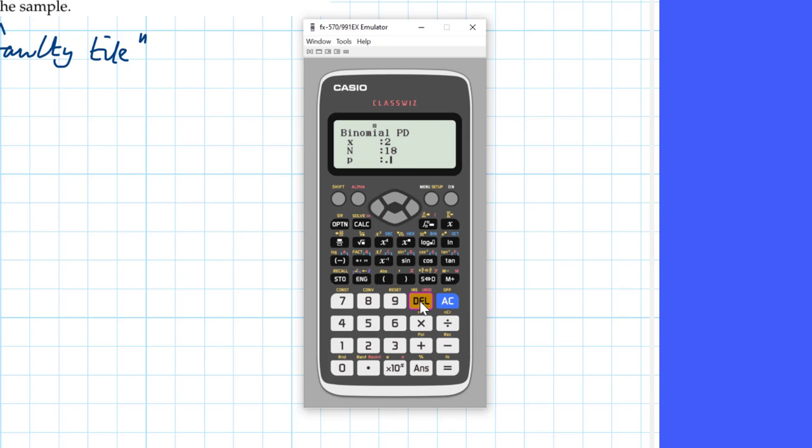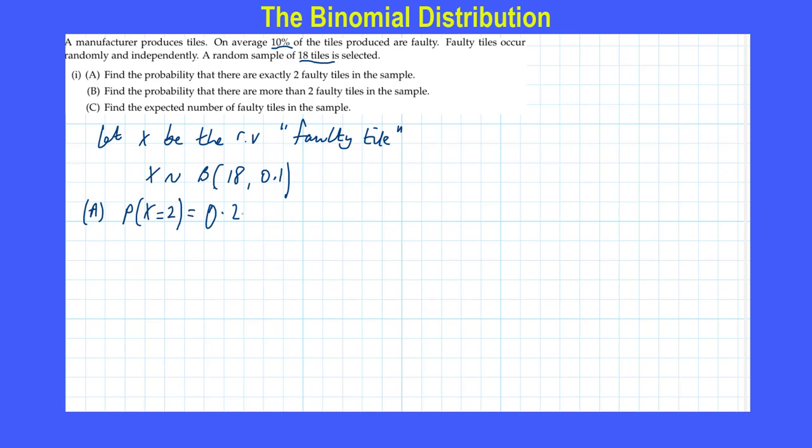And then we're just simply going to press equals, and there's our probability that X equals 2, so 0.28351. We're going to give our answer to a sensible degree of accuracy, 3 or 4 significant figures would be suitable, so I can give it to 3 significant figures here.